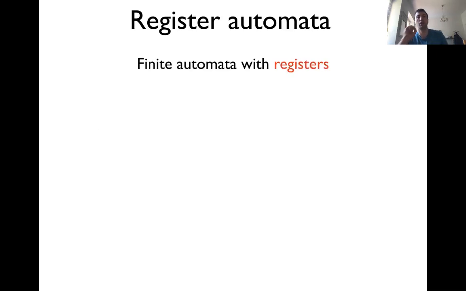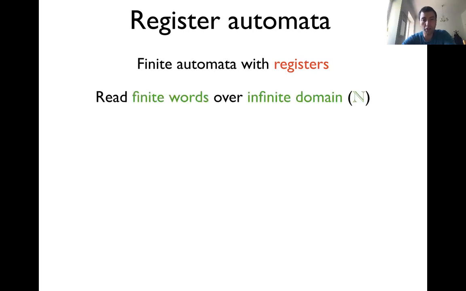Okay, so first of all, what are register automata? These are finite automata, but additionally to a standard finite automaton, they have a number of registers. And they read finite words, but over some infinite domain. And as usual, this infinite domain can only be compared for equality and non-equality.